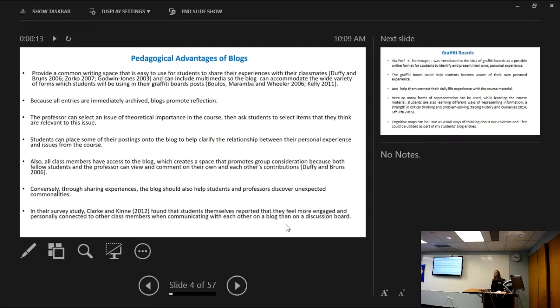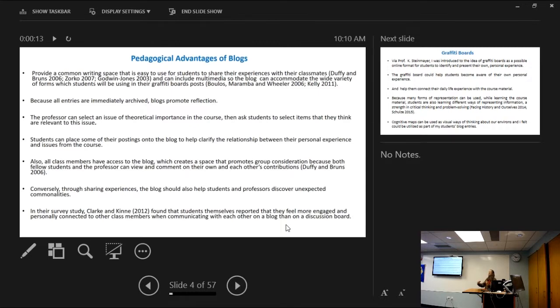And that wasn't really available at the time with the discussion boards. I think that's changed over the years from what I've seen in other presentations. The information is archived, and if you set it up properly, all students have access to the responses of all of the other students, which to some extent is also true of discussion boards, but I think it's a little bit more readily available to the students.